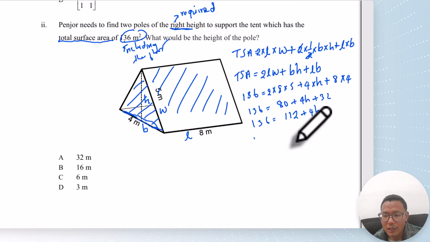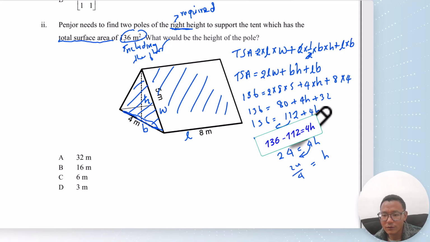I'll bring this 112 to this side, so 136 minus 112 equals 4h. 136 minus 112 is 24, equals 4h. Now what do we do? Divide by 4, so h equals 24 over 4, so h equals 6, because 4 times 6 is 24.